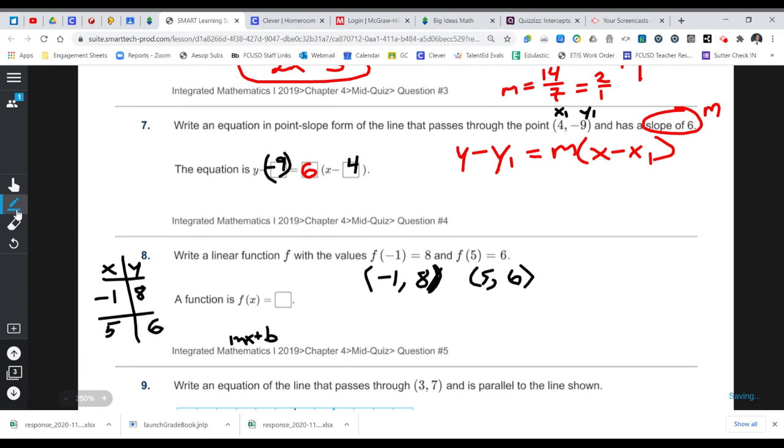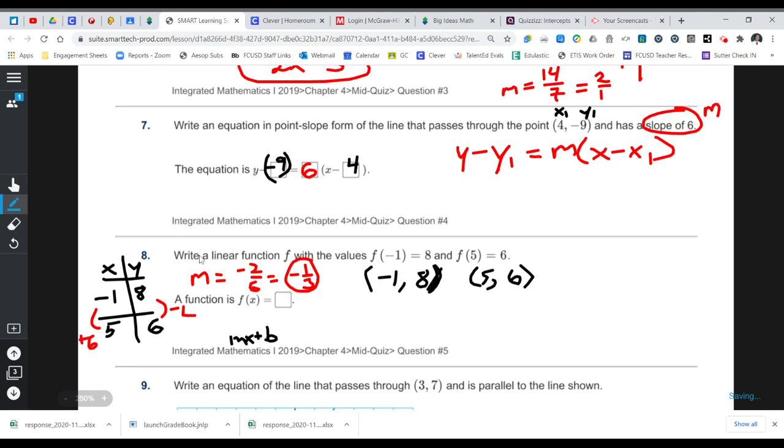So finding the rate of change. 8 changes to 6, so that's minus 2. Negative 1 changes to 5. That is adding 6. M is negative 2 over 6. And if I simplify that, I get negative 1 over 3.